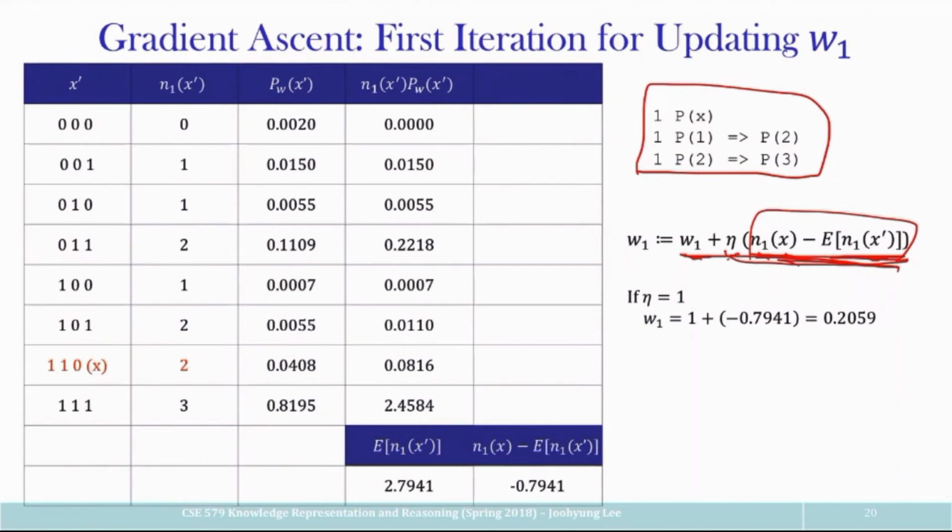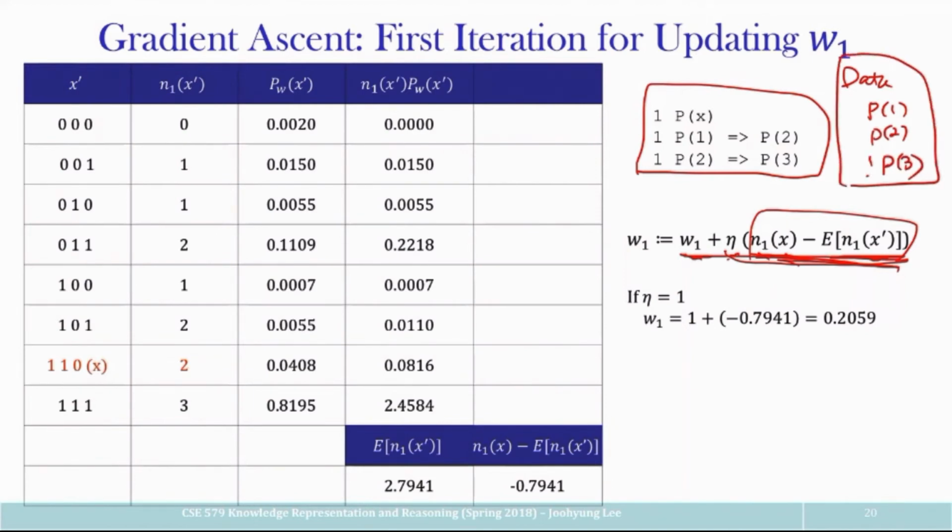If we have three atoms like P1, P2, P3, then we have 8 possible interpretations, right? Now suppose our data is P1, P2, and not P3.